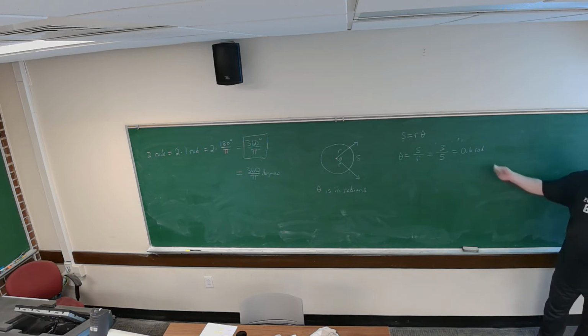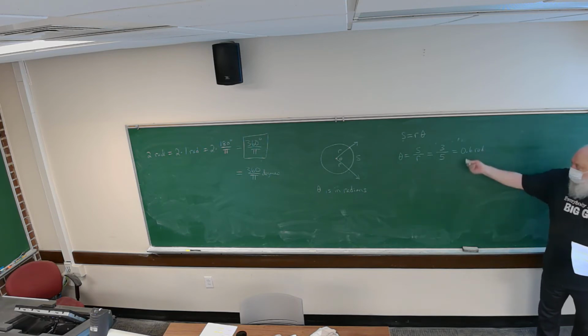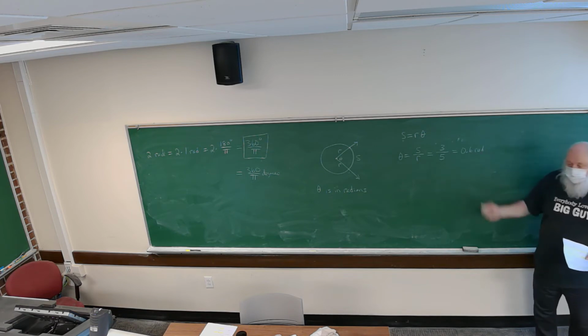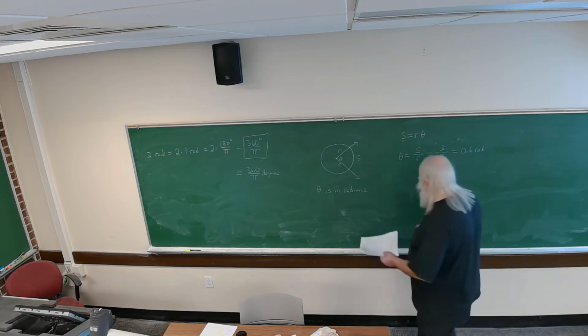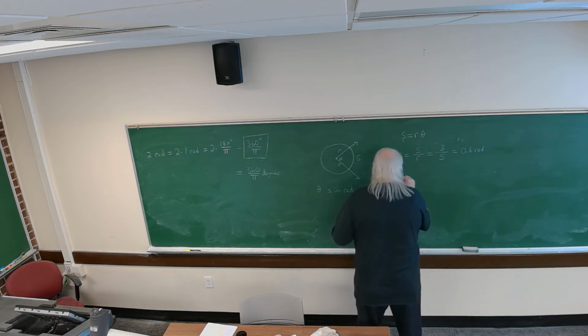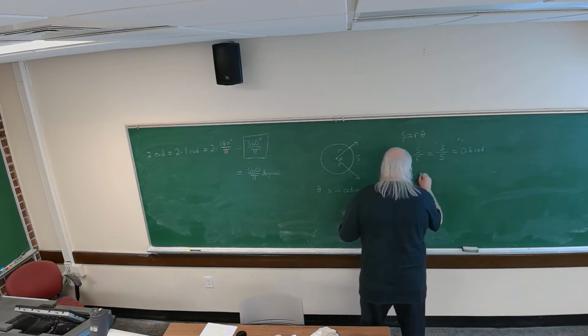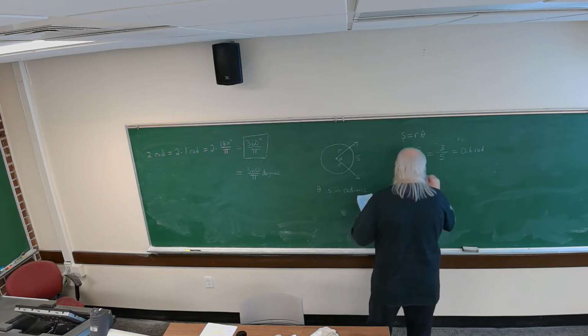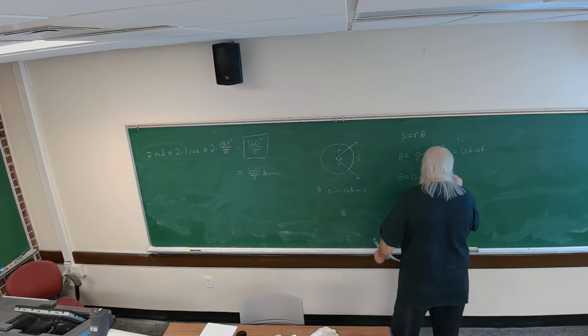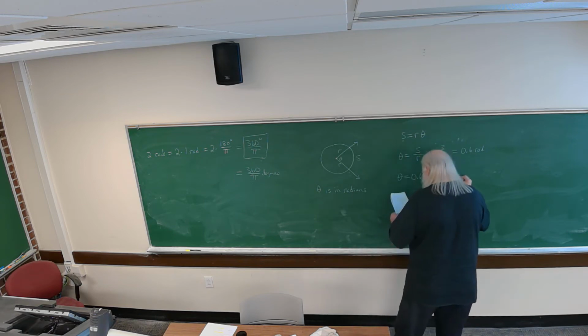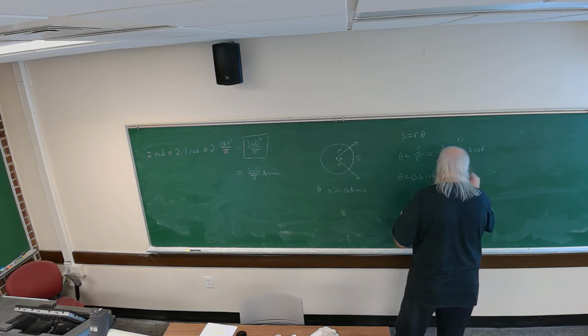Now, to convert this angle to degrees, you got to multiply 0.6 by the appropriate conversion factor, right? Theta is equal to 0.6 radians, which is equal to 0.6 times 180 degrees over pi.